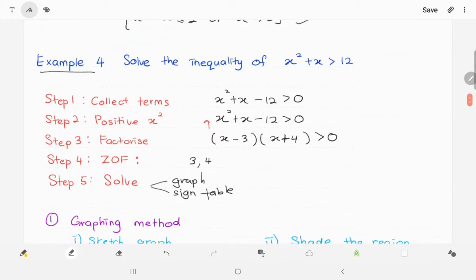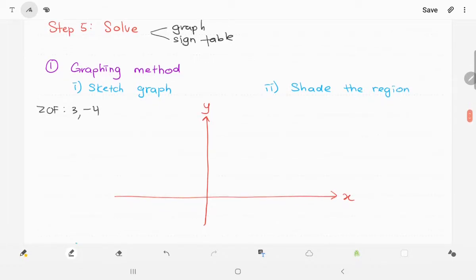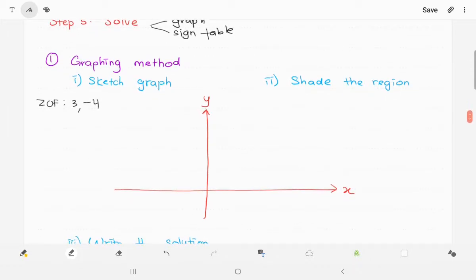Sorry, I need to correct this. Our ZOF is not 4 but negative 4, because this is x minus 3, so x equals 3, and x plus 4, so x equals negative 4. Okay, I'm sorry. Now you need to label our ZOF on the x-axis.